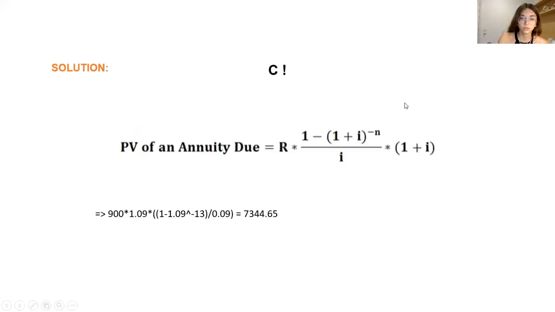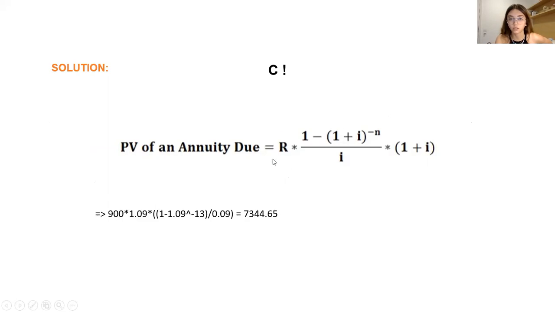It's already 7:07, so maybe I'm just going to quickly go through it with you guys. Yes, you just remember the formula of an annuity due. It's going to be R times (1 minus (1 plus i) to the power minus n) divided by i, times (1 plus i). Here you plug in everything; they give you everything.